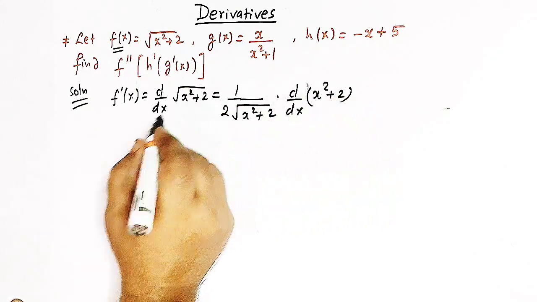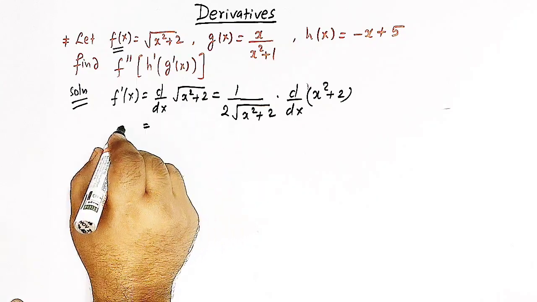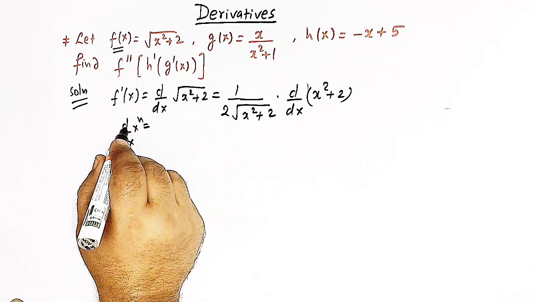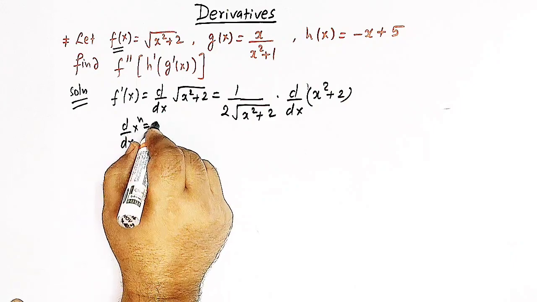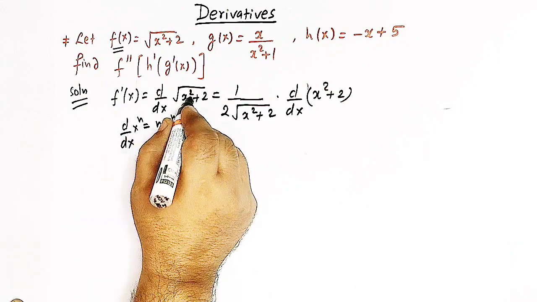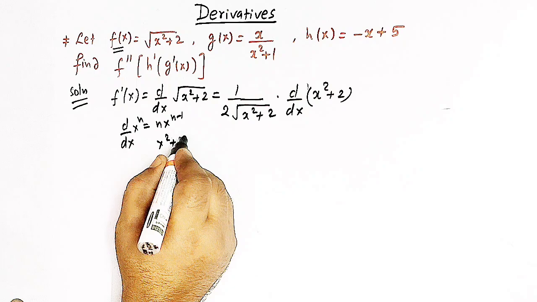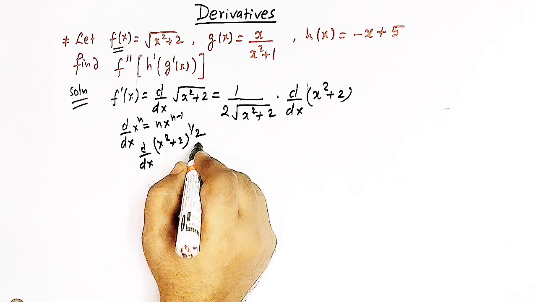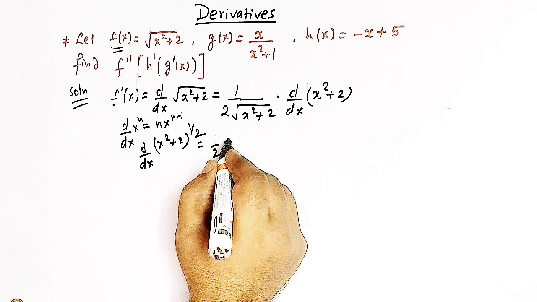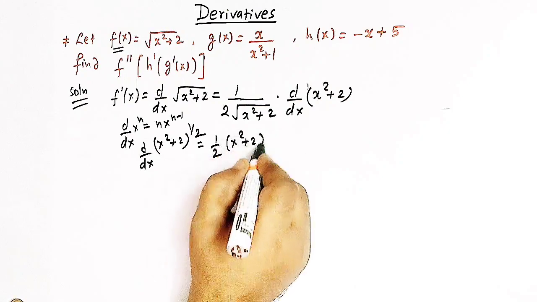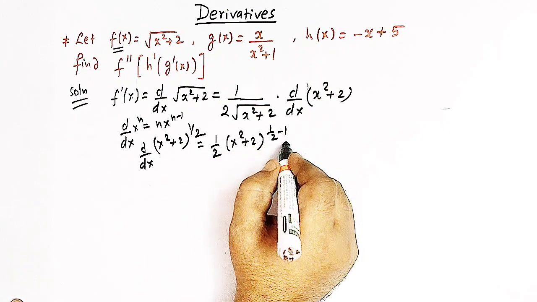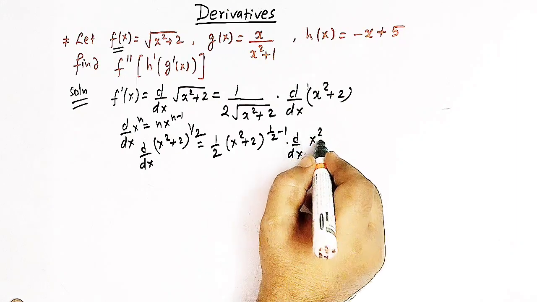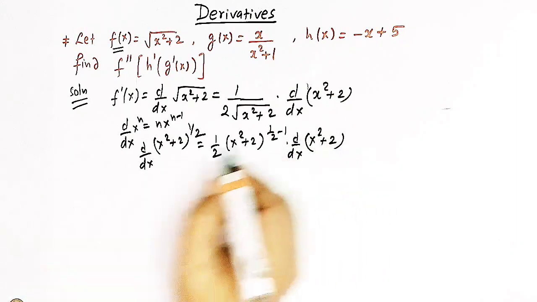First we have applied the power rule, that is d by dx of x raised to n is n x raised to n minus 1. So we have x square plus 2 raised to half; first we take half, then x square plus 2 raised to half minus 1, and then by chain rule we find the derivative of x square plus 2.